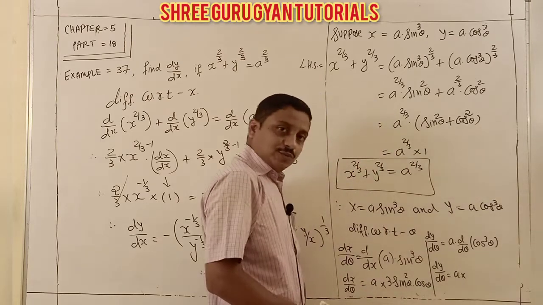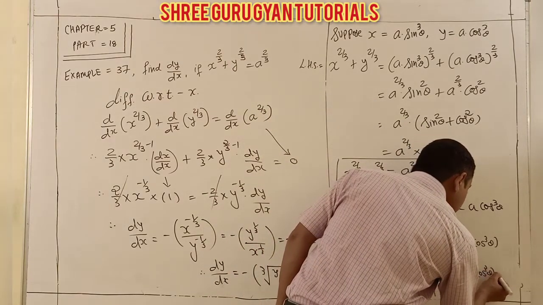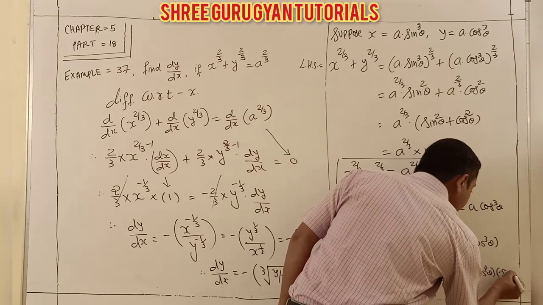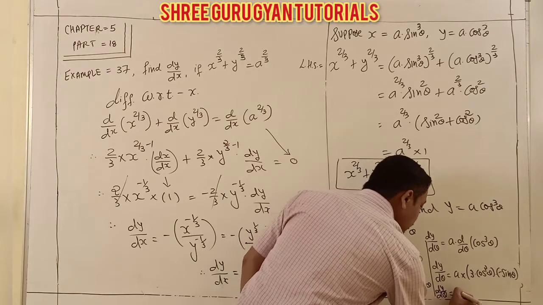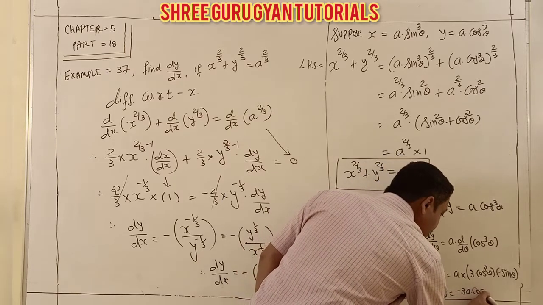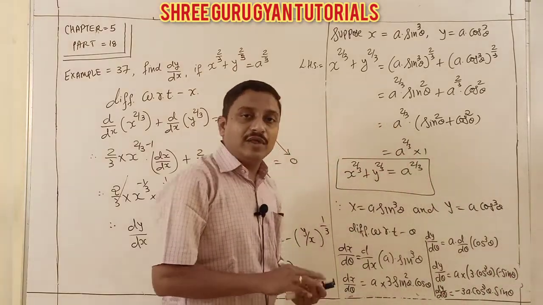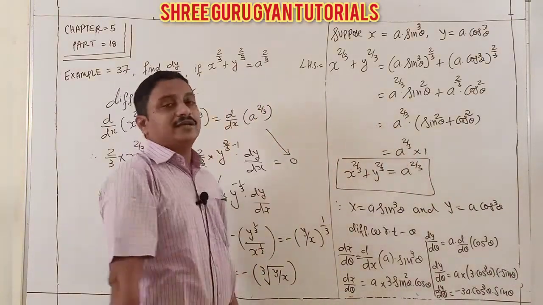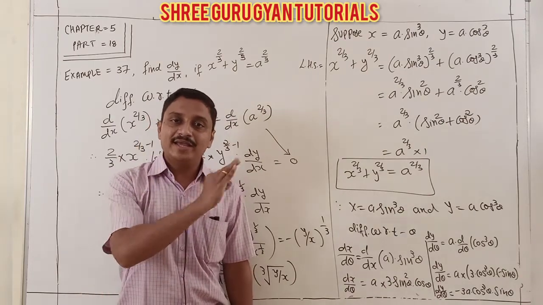The answer is a times cos cube derivative, 3 cos square, and the cos derivative is minus sine. So finally what you get is minus 3a cos square theta into sine theta, and this full value I apply in the solution for dy by dx.